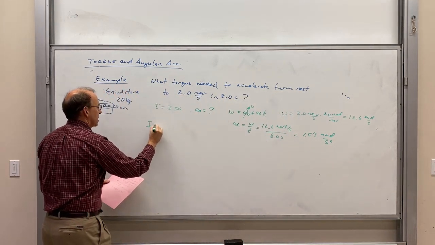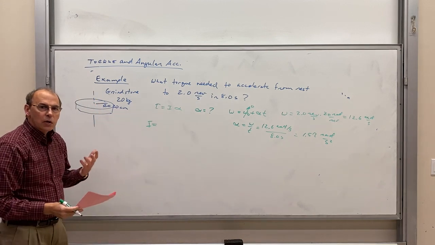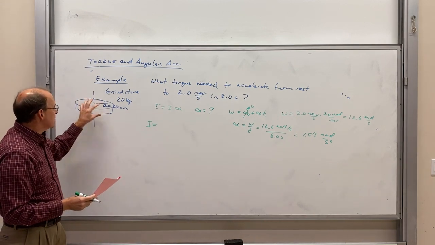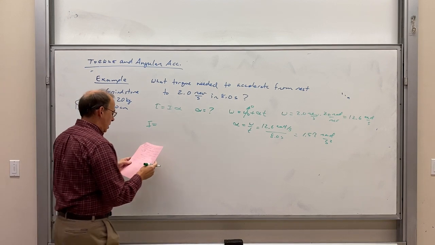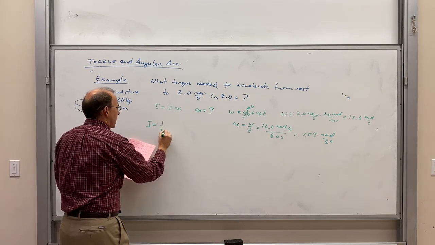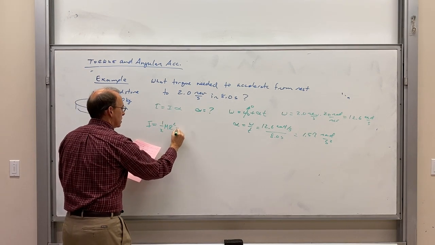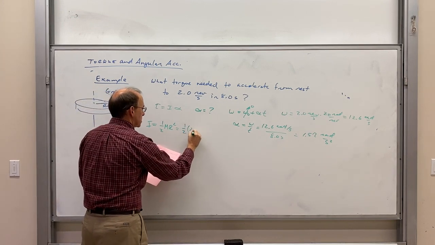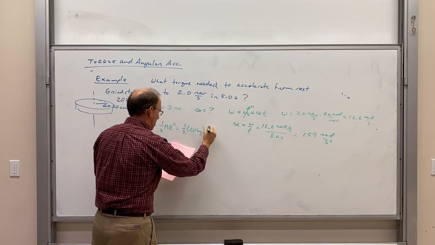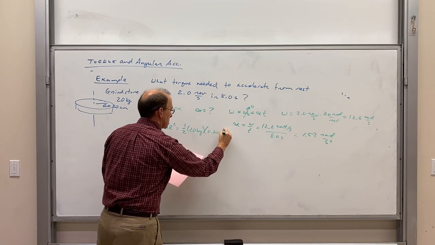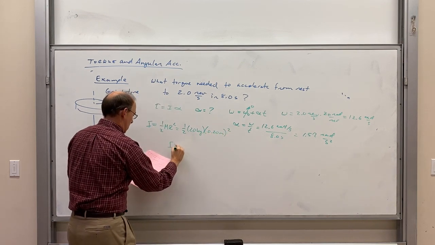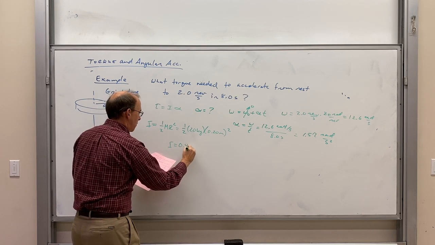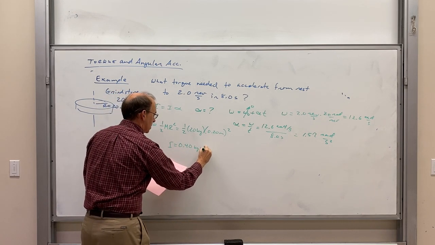I need I. To get I, I have to go to that table and find I for a disk. I for a disk is 1/2 mr squared. So again, you look that up in a table. That's 1/2 times the 20 kilograms times the 0.2 meters squared, so that is 0.4 kilogram meter squared.